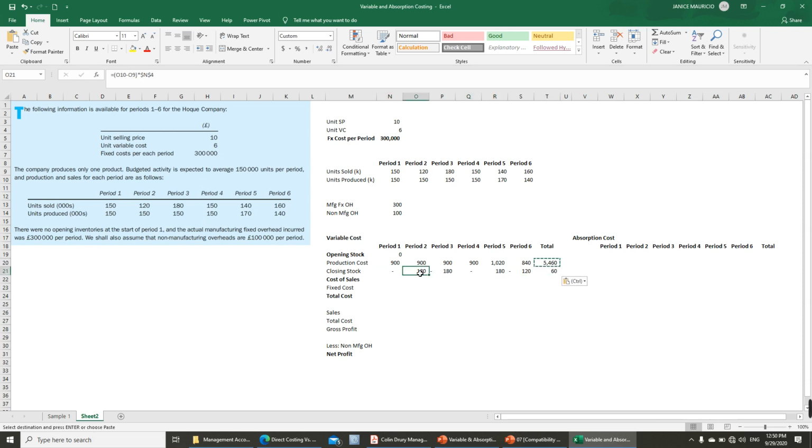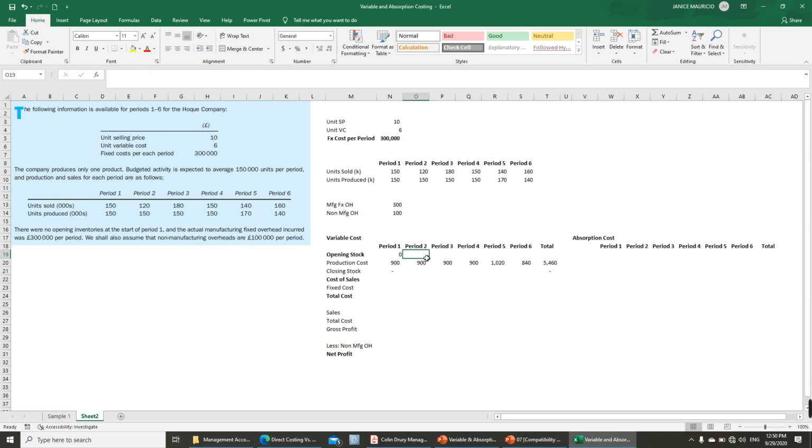So, but hold on, before we compute for the closing stock for the next period, let us not forget that we have to consider the prior period. Kasi this is a continuous production. So from period 1 to period 2, whatever is left unsold in period 1 will be carried forward to period 2.